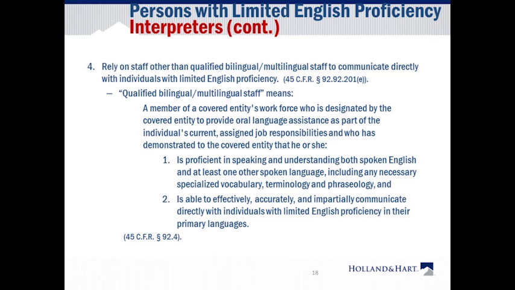And four, a covered entity may not rely on staff other than a qualified bilingual or multilingual staff to communicate directly with individuals with limited English proficiency. So what is a qualified bilingual or multilingual staff? What does that mean?